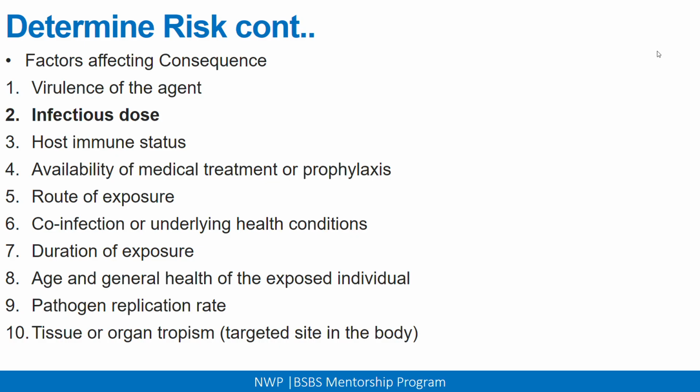Sorry to use that word. So the more this agent targets certain major organs, the more the consequence, and therefore the effects will be greater as compared to something less tropic when it enters your body.